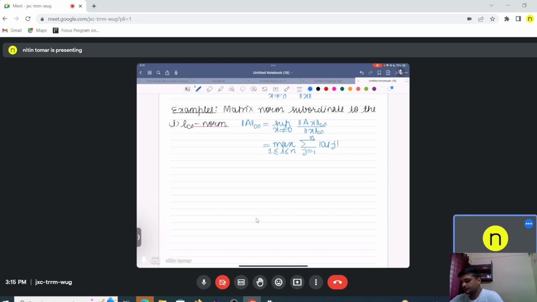Okay, so this entity here, if you look closely, is precisely the ith row sum.